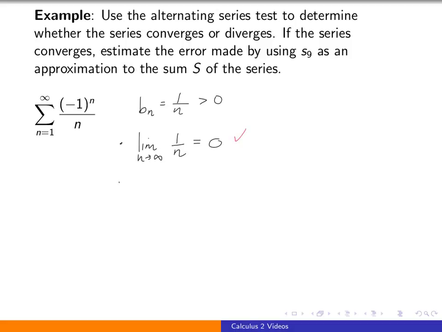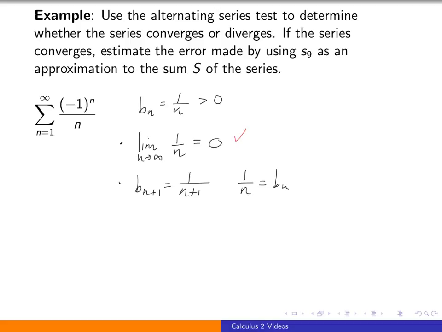The second thing we need to check is to see if the b sub n is decreasing. One way we can do this is to write down an associated function and calculate its derivative. Or alternatively, we can just compare the two terms. So in this case, b sub n+1 is 1 over n+1, and b sub n is 1 over n.